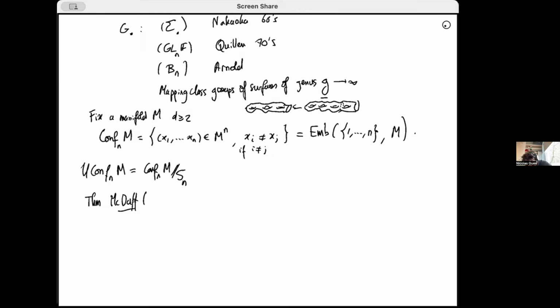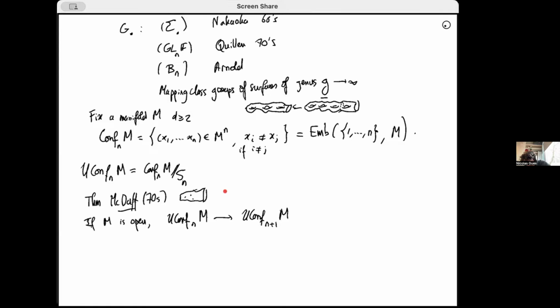For open manifolds, it was by McDuff, I think in the 70s. If M is open, you can find a stabilization map from the configuration space, the unordered version: you can just add a point on the boundary and push it inside M. So let's say M is something like this.